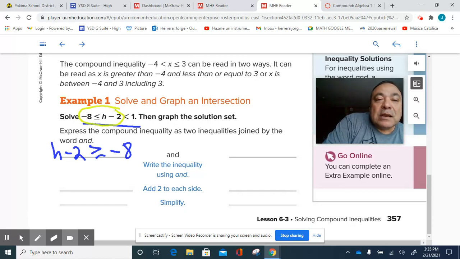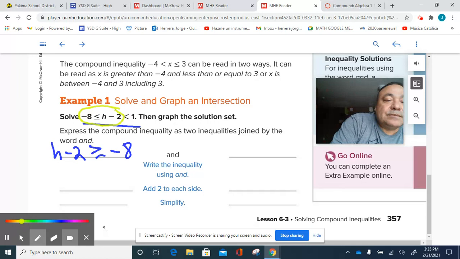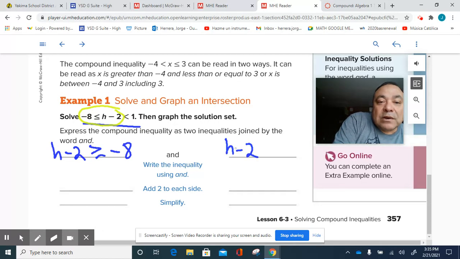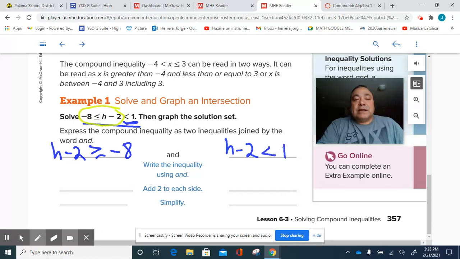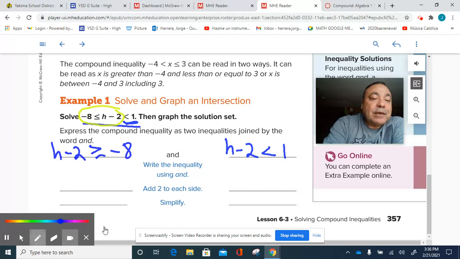Now then I need to go to the other side, and I'm going to do the same thing, but this time it's going to be h minus 2, but look at this, guys, it's going to be less than 1. So I'm breaking it into two, guys, so you can see how to do this visually. You can compare how to do it step by step, okay?